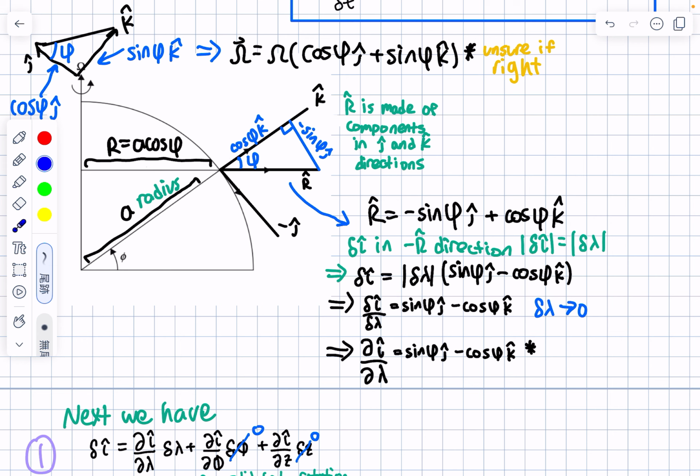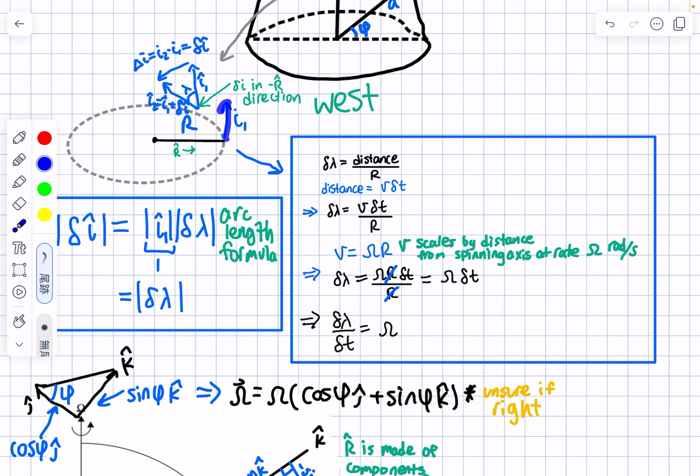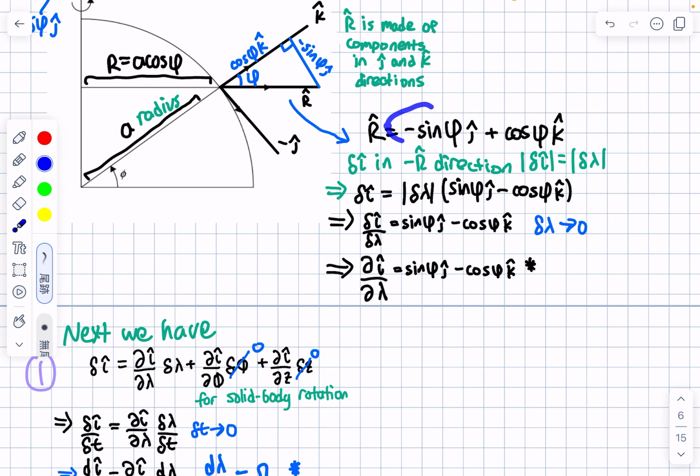And we know that, as we can see in this case, I1, and we have delta I, it's hard to see because this is an oval, but it should really be a circle, that this delta I will always point in the direction of negative r hat. So we take the negative of this, we'll get positive sine phi j minus cos phi k, and then we have the delta lambda here.